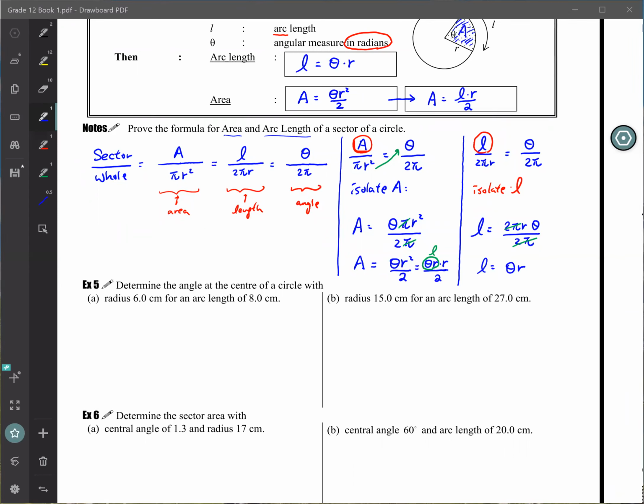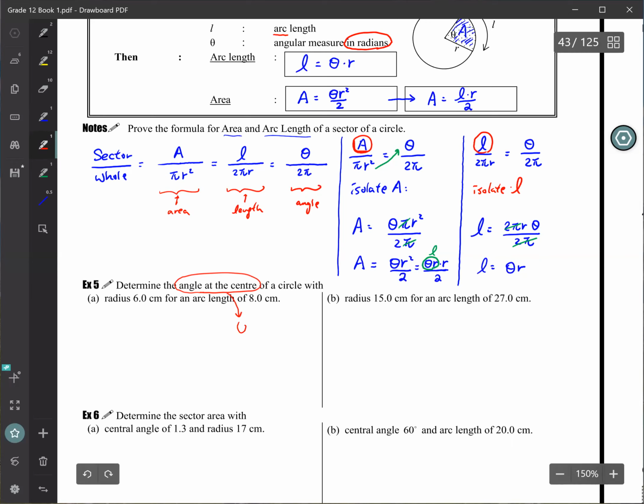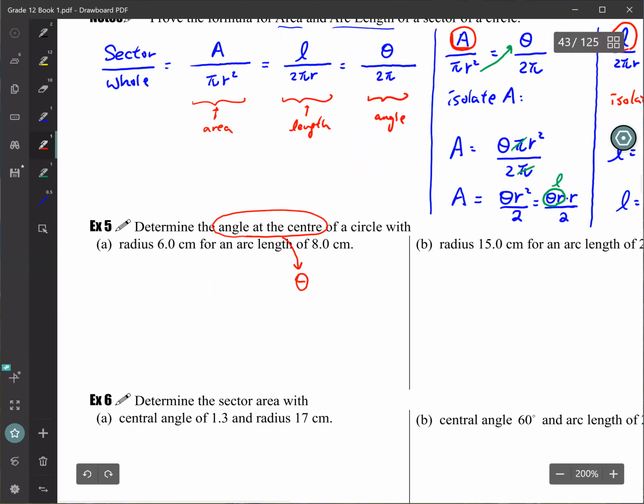We have the L, we have the A, we have the theta, we have the R. Which one? Angle at the center, what's the variable for that? Theta. Yes, okay, so first you have your target locked on, okay? You are looking for theta, and then you look at what's given, right? We know the radius is 6, arc length is 8.